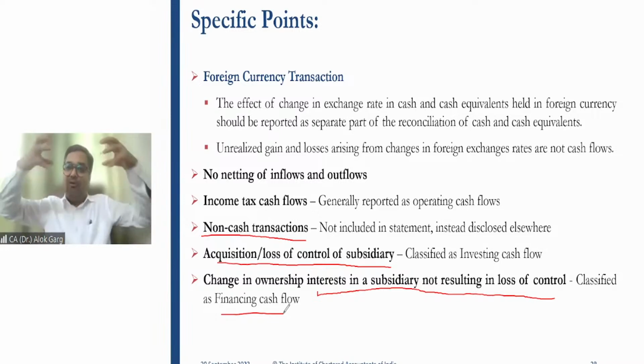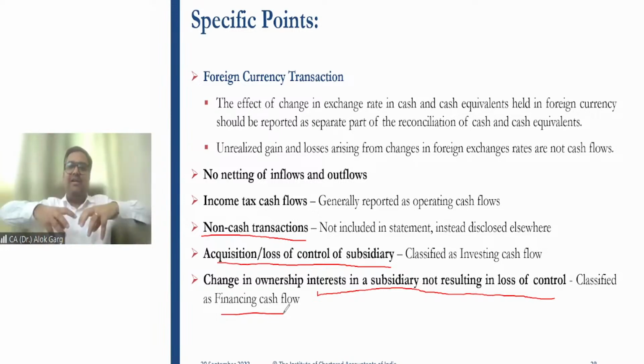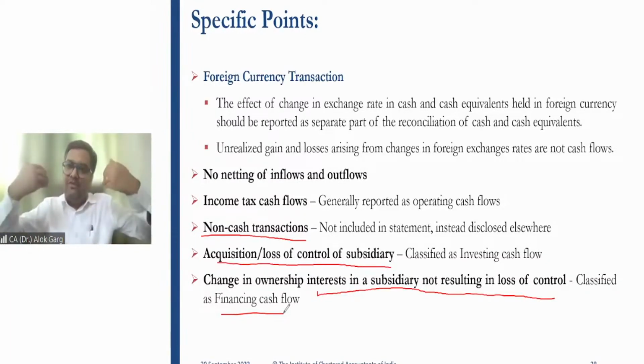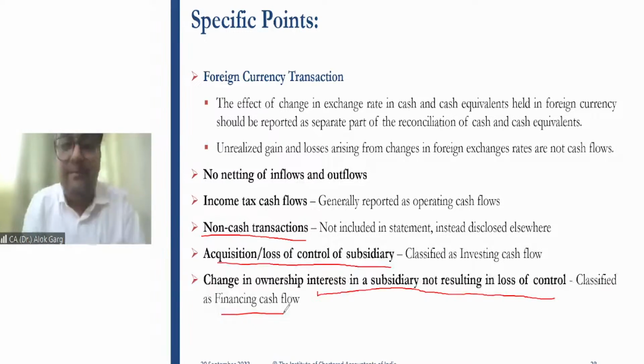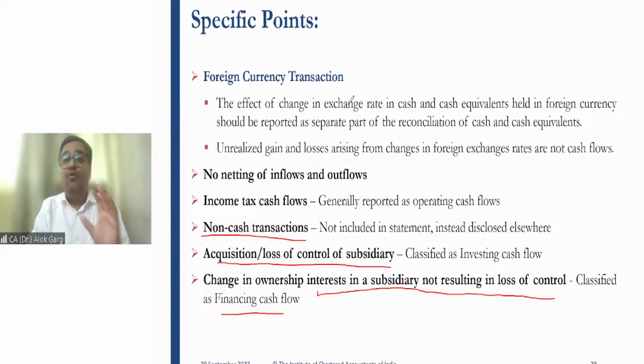So if there is an acquisition of interest, it is always considered as an investing activity, right? If there is a loss of control, the company has sold the entire investment, or the company has sold the investment and lost control, it is an investing activity. But if there is a decreasing stake, but it is not losing control, it is a financing activity. You understood? So it goes by the intent.